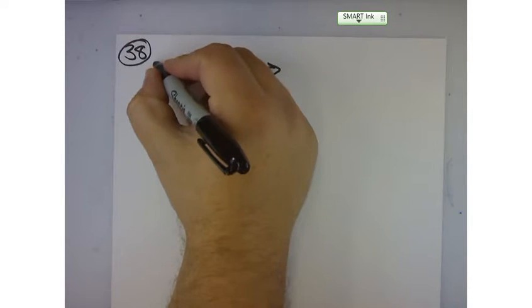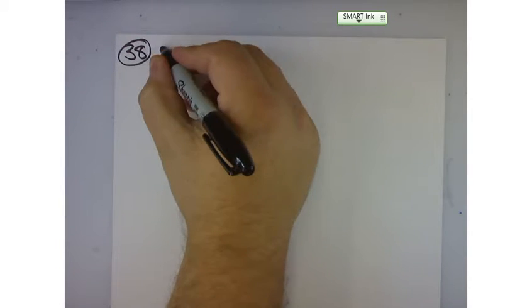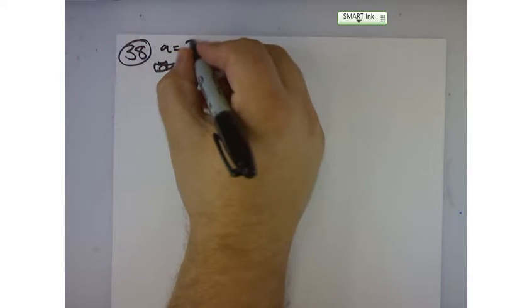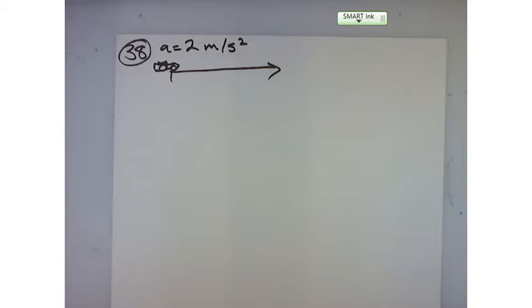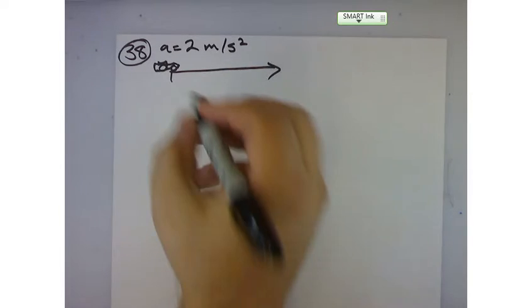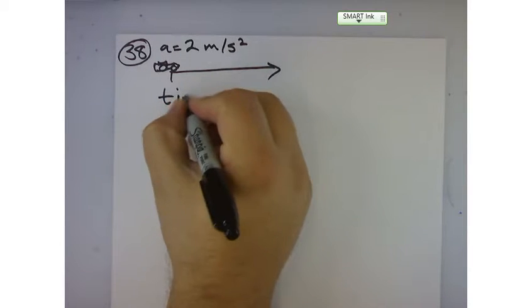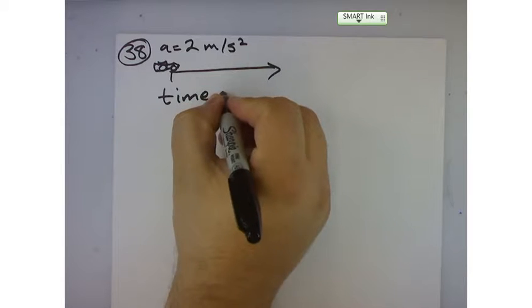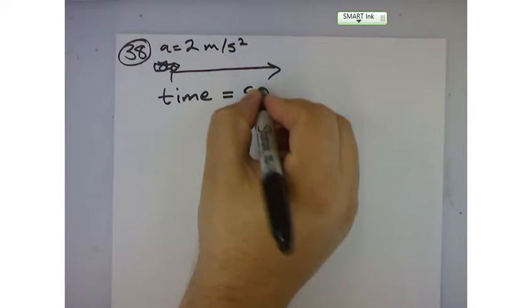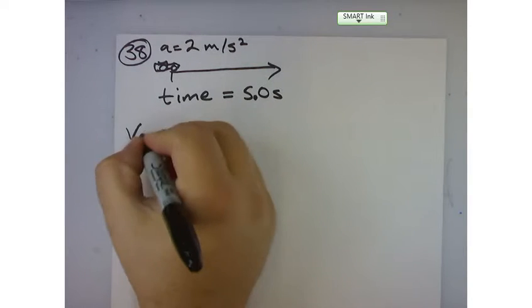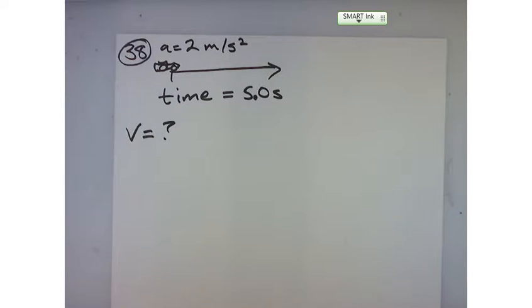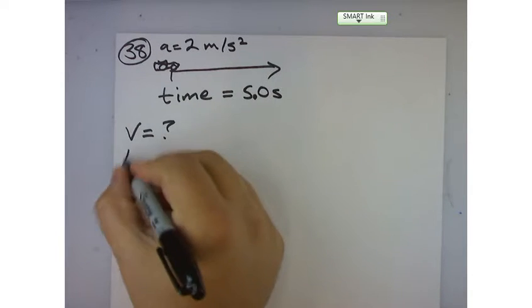So I'm going to draw my little car, and we're going to say that the acceleration is 2 meters per second squared, and it says that it does that for a time of 5 seconds. And then it says what is the speed, which is the final velocity, okay? And then it says how much distance did it travel in that time, which is delta x.